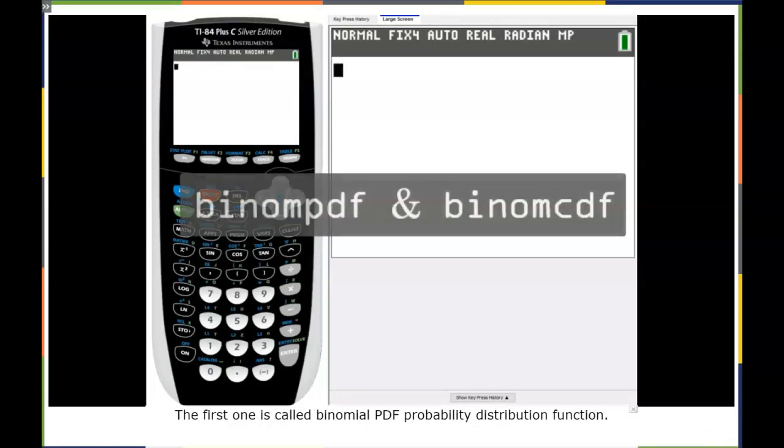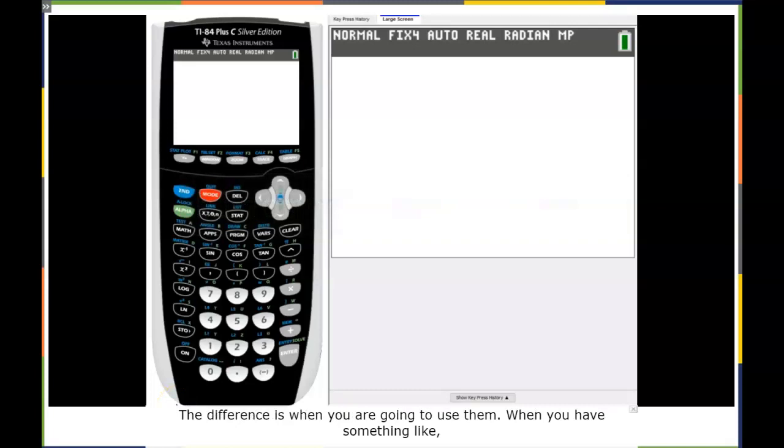For the TI-84 Plus working with binomial distribution, we do have 2 functions that we will use. The first one is called binomial PDF, probability distribution function. The second is binomial cumulative distribution function, which is CDF. The difference is when you are going to use them.